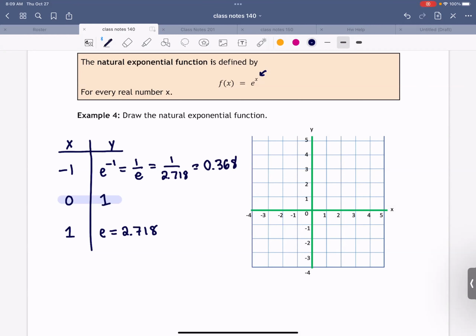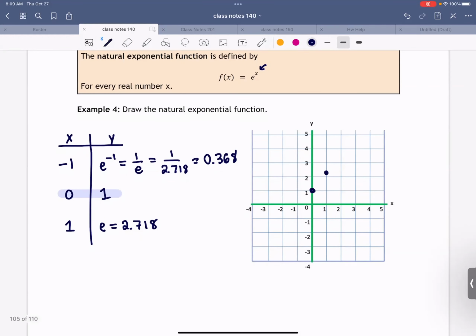Okay. So we have 3 points that we want to plot. I definitely have 0 and 1. Okay. I'm definitely looking for this point on my graph when you graph it. Okay, so make sure you have that point down. We have 1 and 2.718. And then we have -1 and 0.368. Okay. Now the exponential function always has this shape, okay?